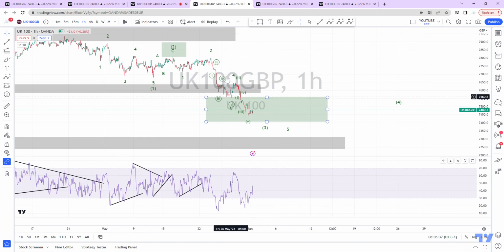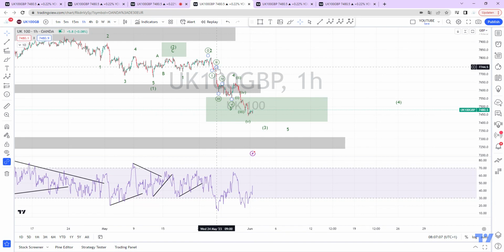This means that this impulse to the downside gets exhausted, and if an impulse to the downside gets exhausted, there is only one alternative. It means that we go up. If we cannot go lower, then we go up. So from here we might initiate a long trade.